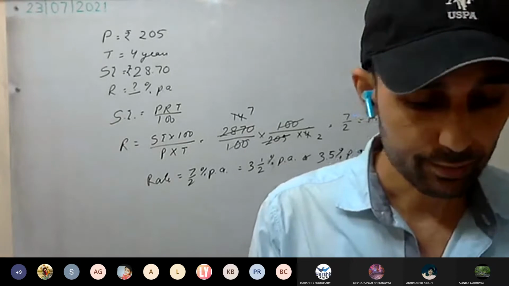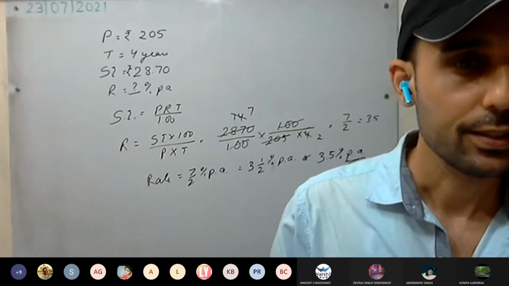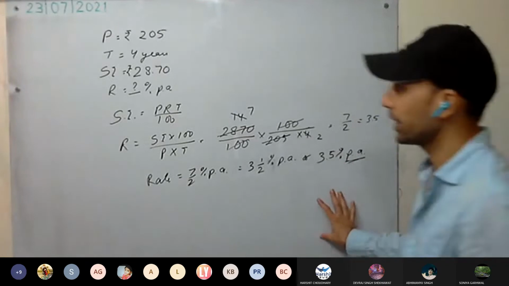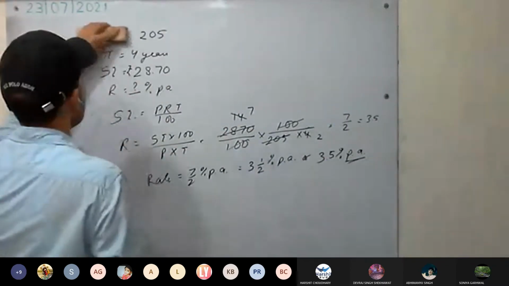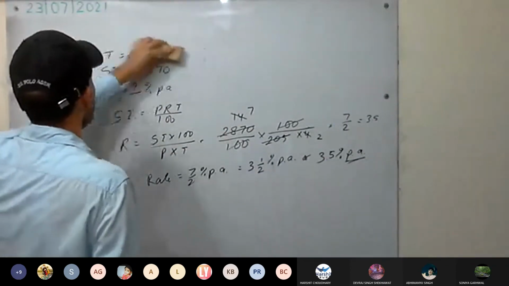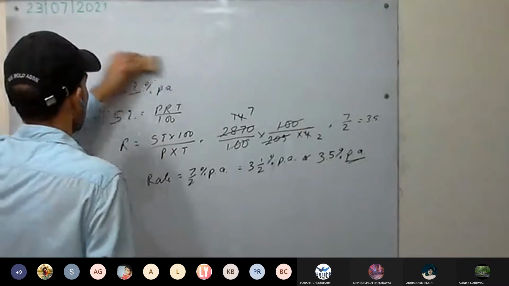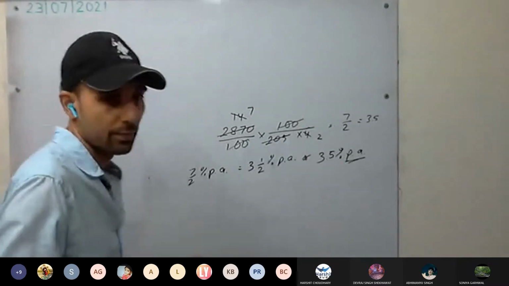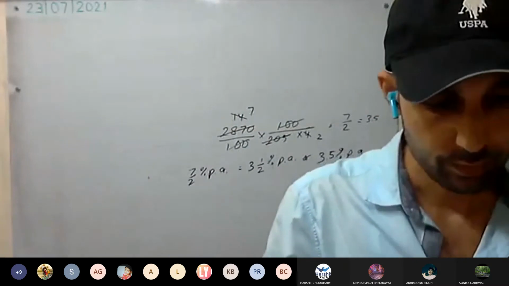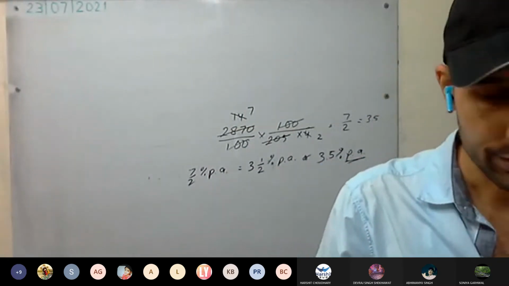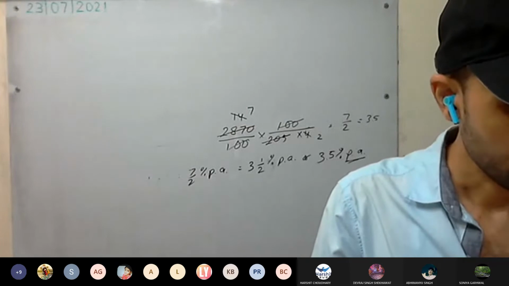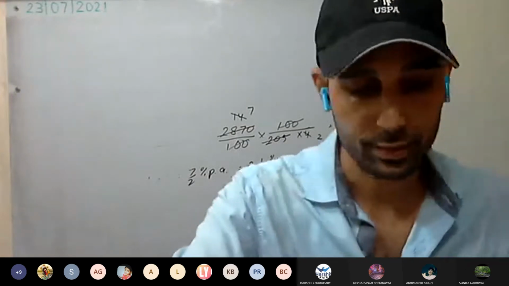Okay, 8th question. The 7th question is clear. Everyone read the 8th question. Okay, 20 questions are there, 16 questions we have.